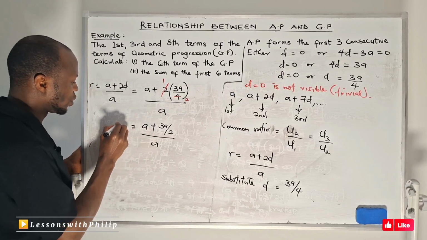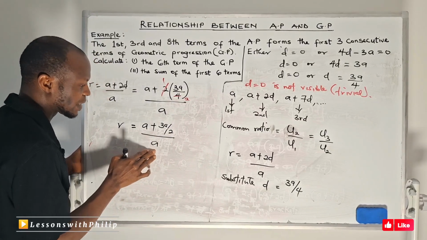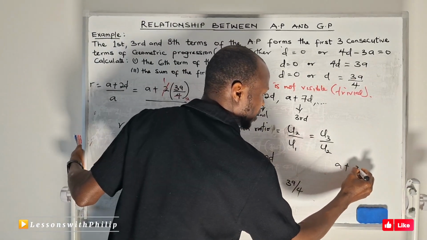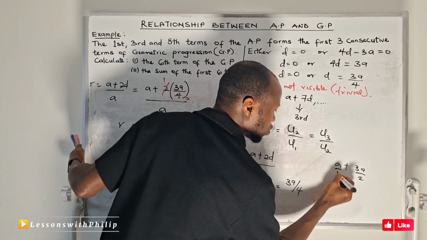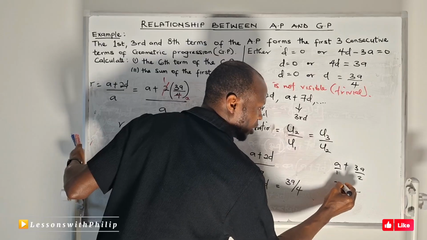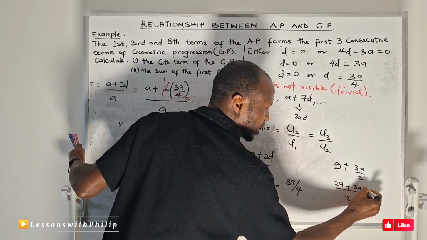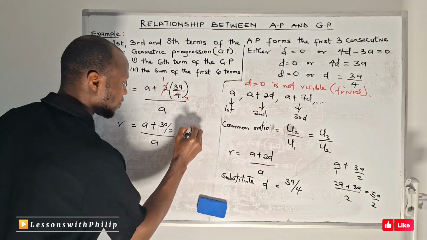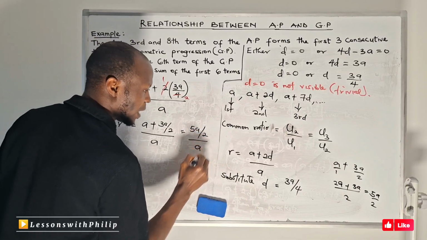This is the same thing as A plus 3A over 2. If you find the LCM, this is 2. 2 times A will give me 2A, plus 1 times 3A will give me 3A. This will be 5A divided by 2. So this is the same thing as 5A over 2 all divided by A. Do you get it now?